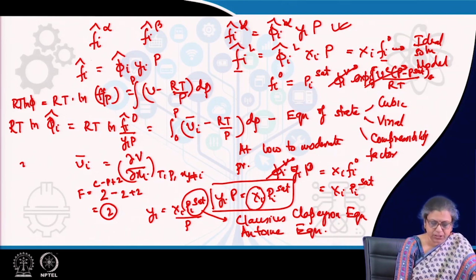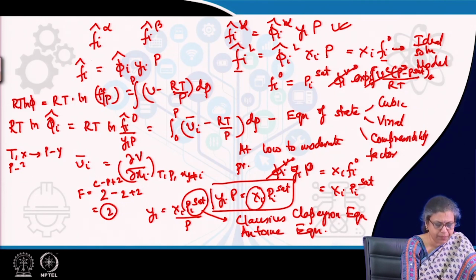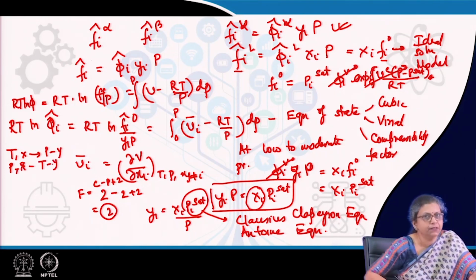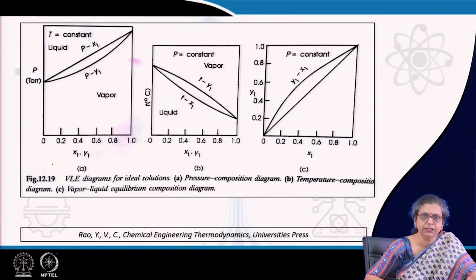By convention, we either know T and x and we can express P and y, or we know P and x and we can express T and y. In this way, we can find out the vapor liquid equilibrium under different conditions.